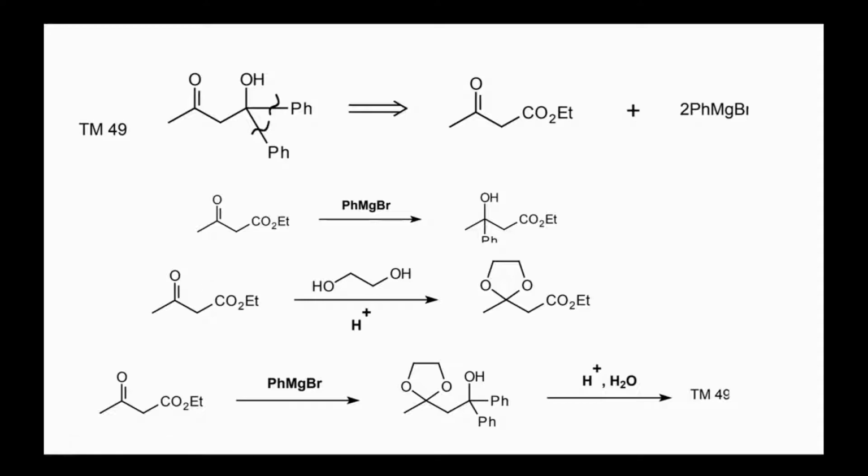You first protect this ketone, then you react with phenyl magnesium bromide. The protected ketone will not be affected by Grignard reagent. It is stable towards Grignard reagent. Acetals are stable, they are not deprotected when we react them with Grignard reagent, and then you deprotect it in the acidic media to get the target molecule.